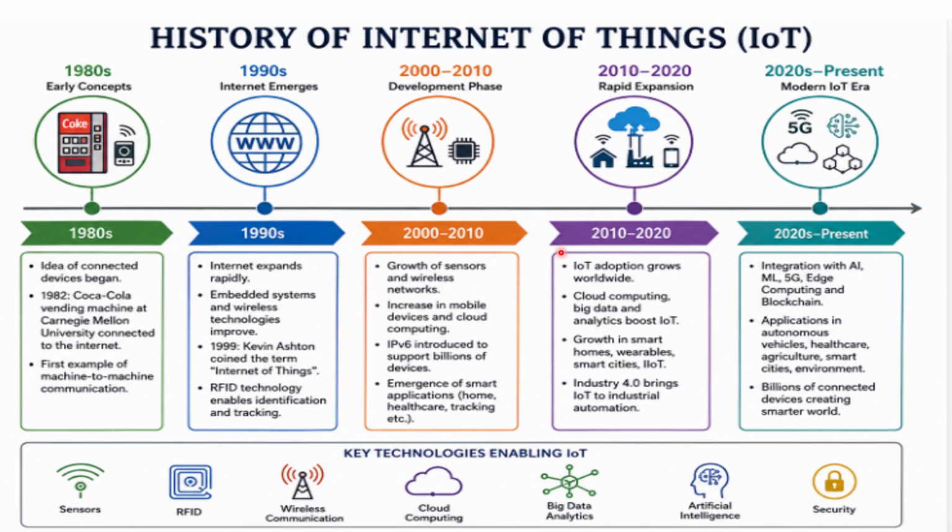Cloud computing and big data analytics also make IoT devices work more efficiently, especially in smart homes, wearables, smart cities, everything, etc. Next, in the 2020s, present, integration of IoT with AI, ML, 5G network, blockchain, edge computing, etc. Applications in autonomous vehicle systems have also improved.